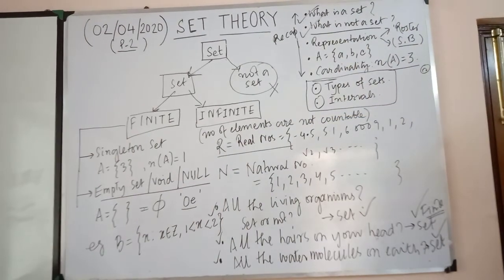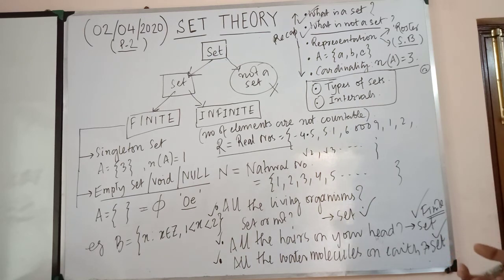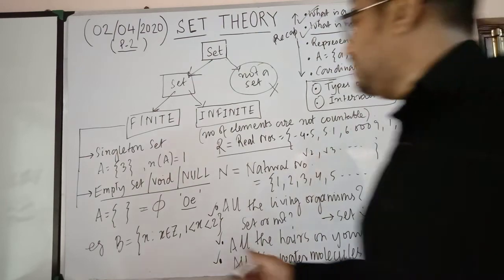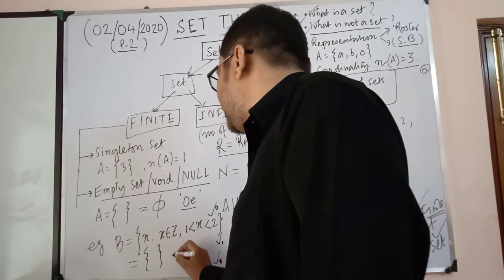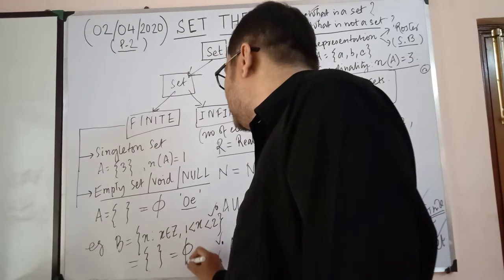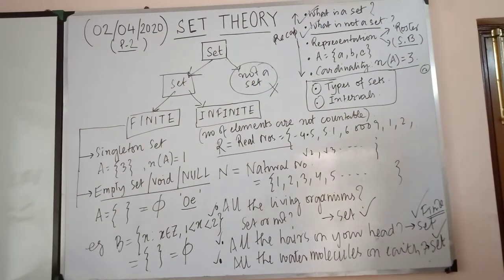X lies between 1 and 2. In between 1 and 2 there is no integer. So obviously you cannot write any elements over here, and that means B becomes an empty set or a null set. So this is the main difference between the singleton set and the empty set.